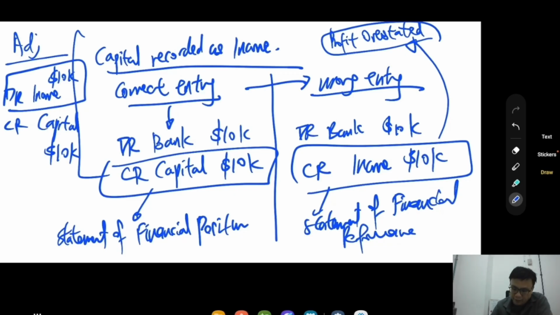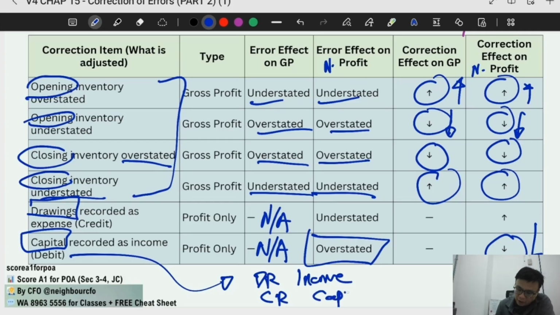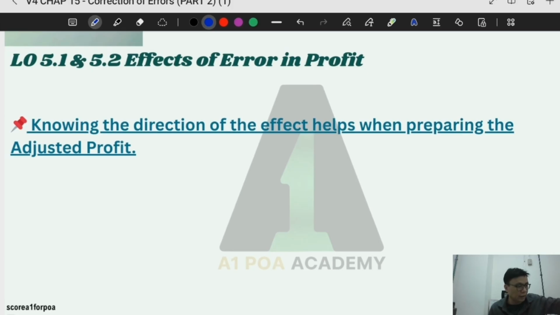Debit income as part of the correction, and you credit capital to ensure that the capital is being reflected in the owner's equity under the statement of financial position. So when you do that, the overstated net profit in this instance will reduce as a result of this adjustment, debit income. With that, let us now go to the next slide.